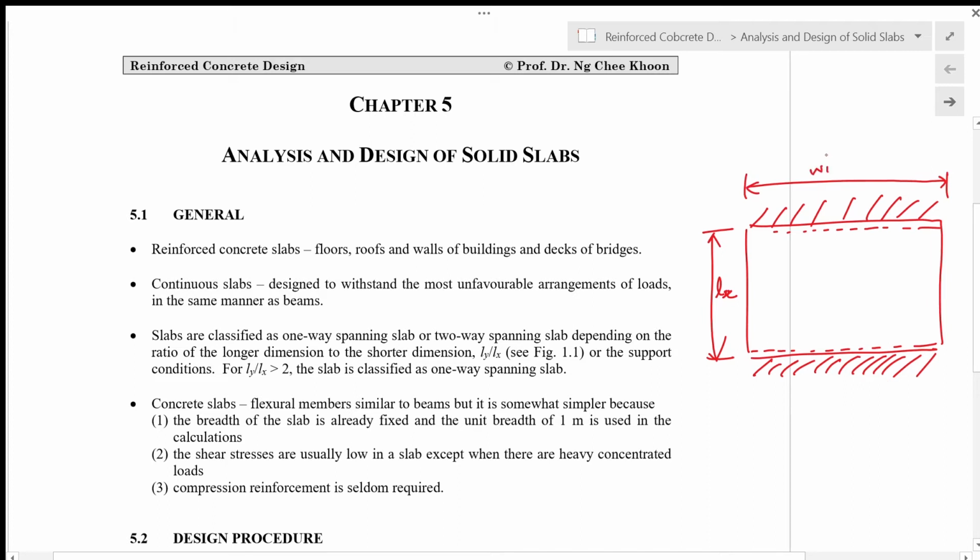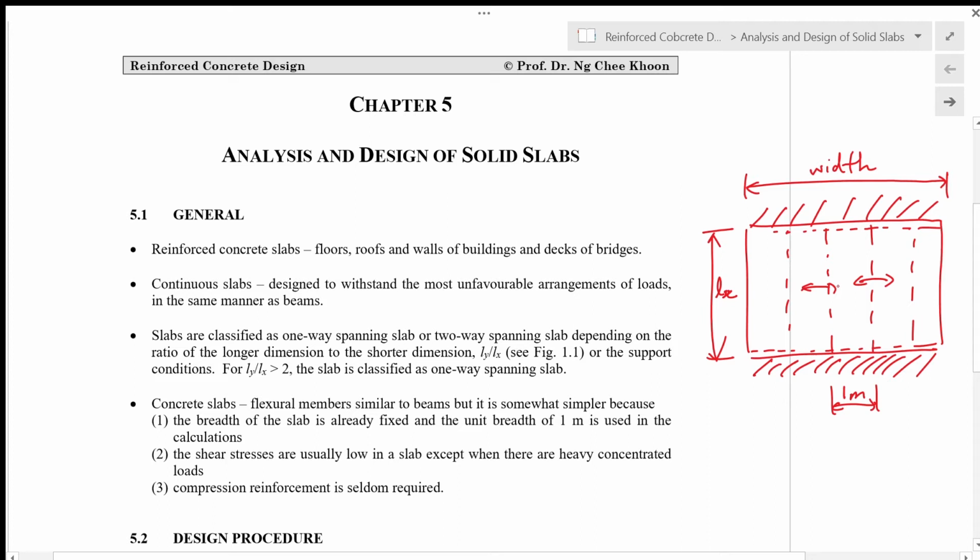The width of the slab is very big, so normally we just take 1 meter width as our design structure, and then the rest of the slab will be the same as the 1 meter width that we have designed.